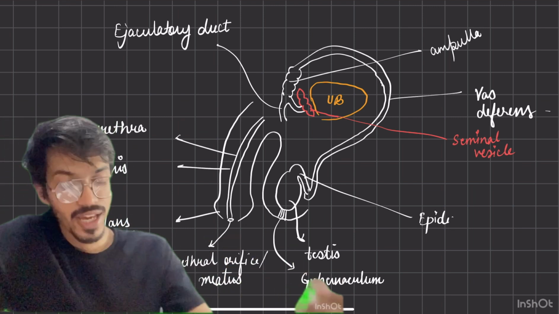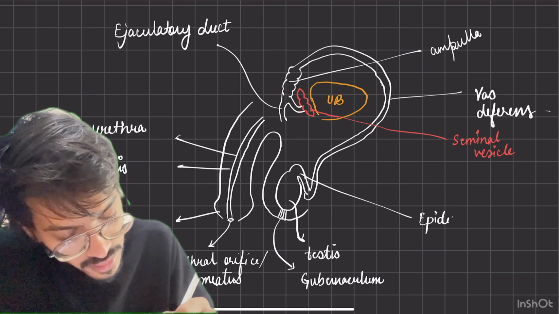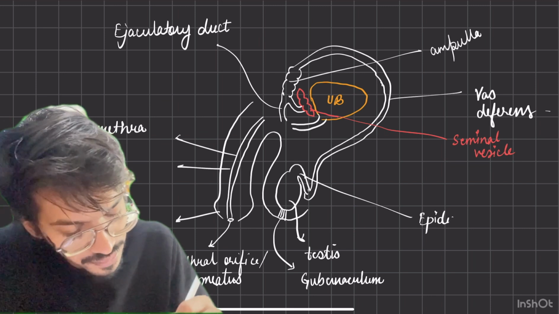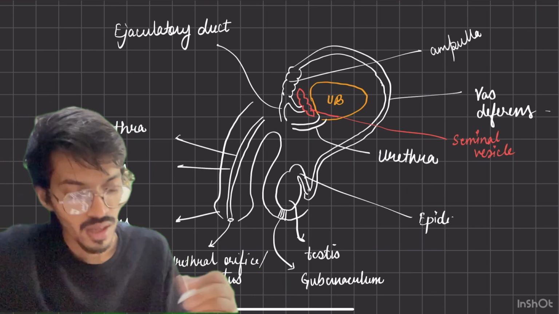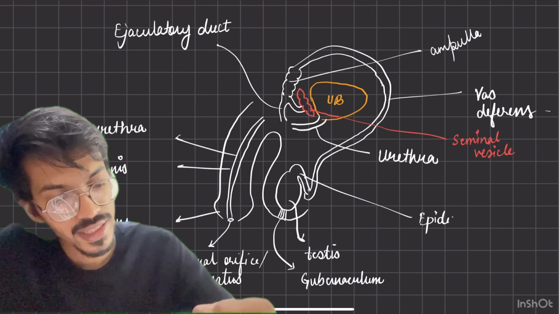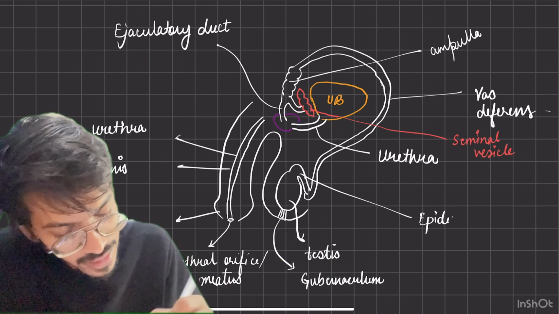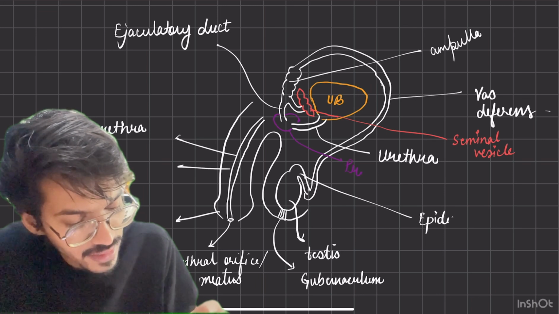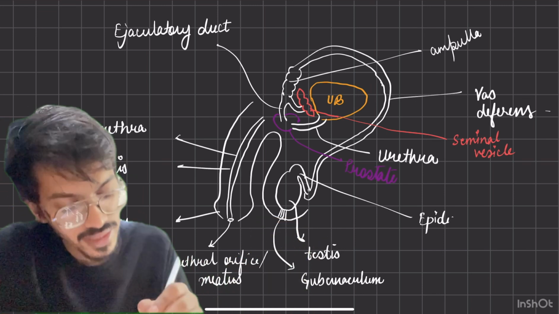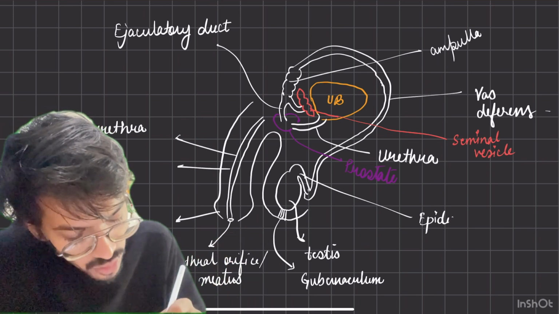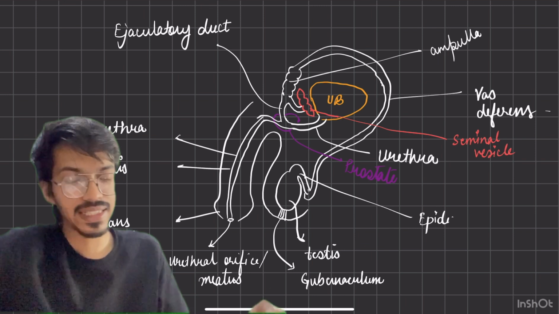Now this ejaculatory duct joins with the urethra, which is coming out from the urinary bladder. Over here there is a donut shaped gland called the prostate. Then they go into the penile area.